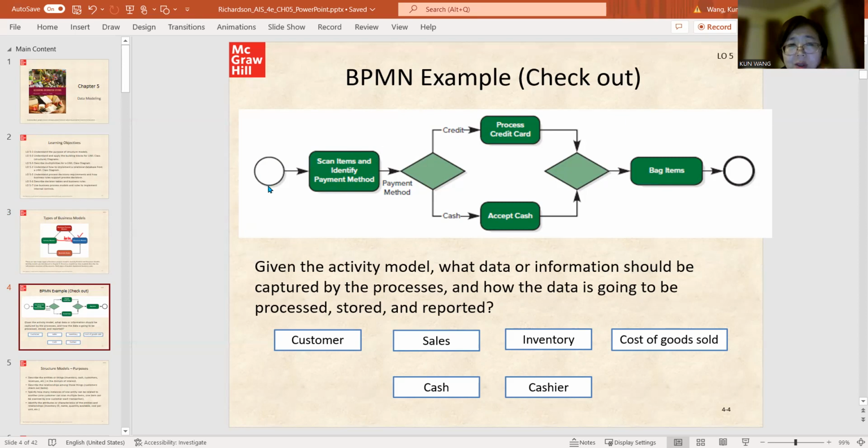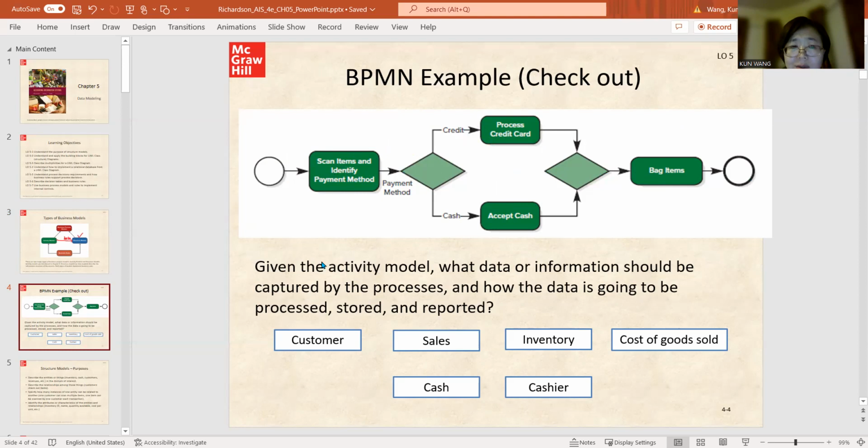So we have the initiation, and a selection of credit card payments or cash payments, but overall in accounting, we treat them all as cash. Finally, after the payment is approved, we bag the items, and that's the end of the process. So you can see these are the activities.